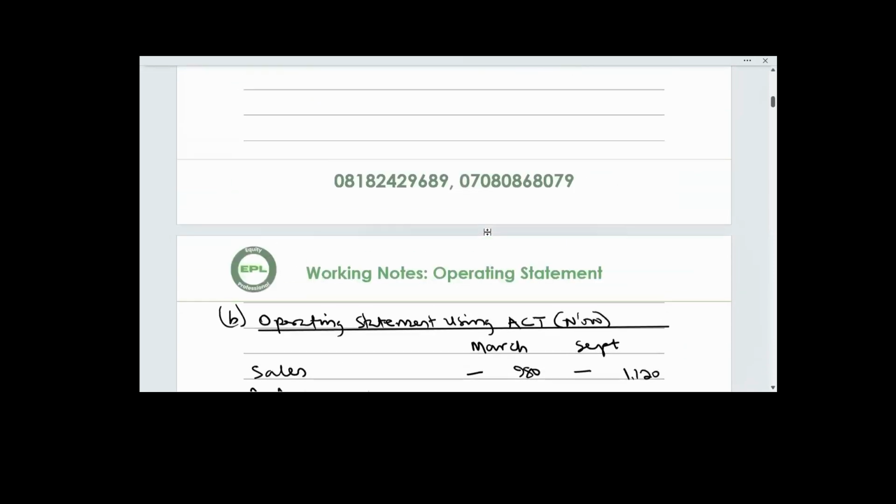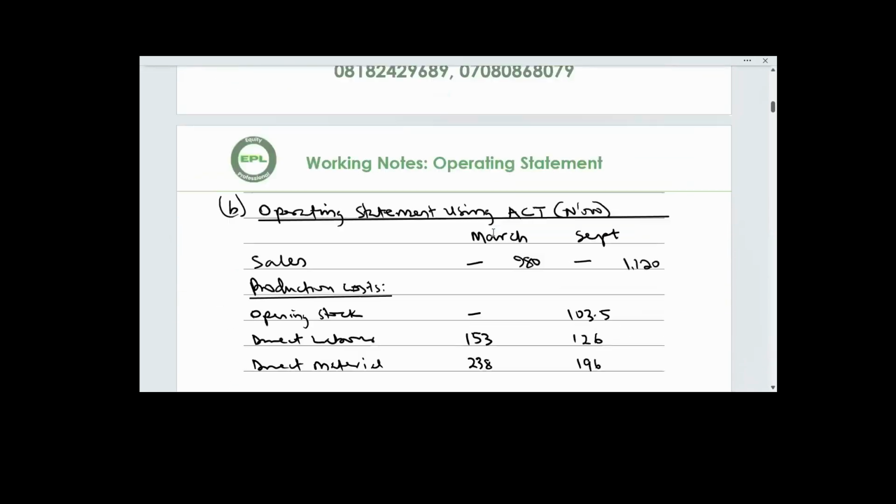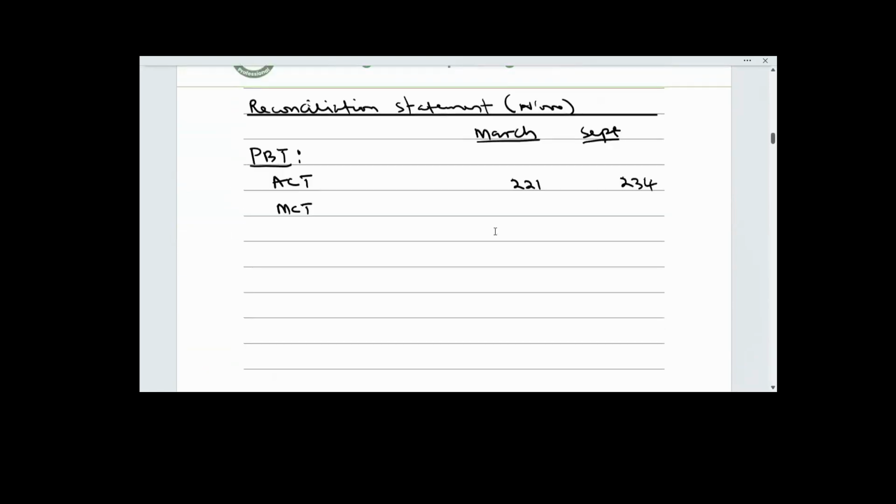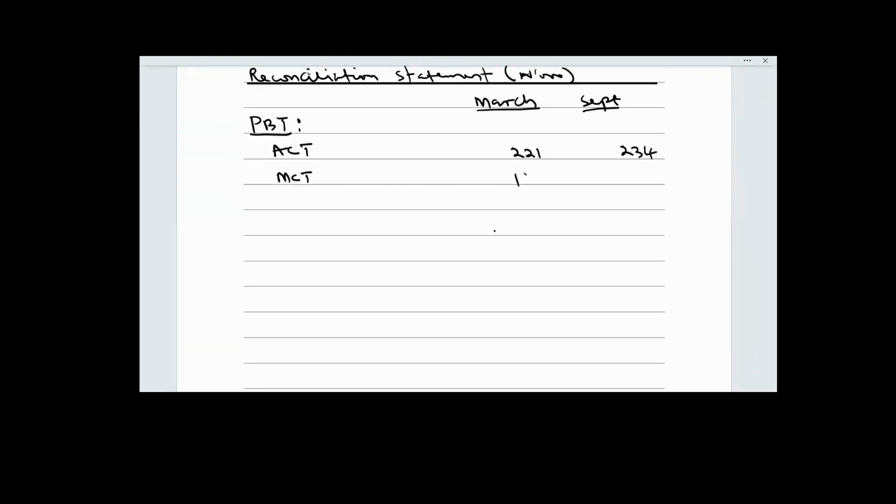Under MCT, 191 and 254. What's the difference? Here is 30, right? Yes.